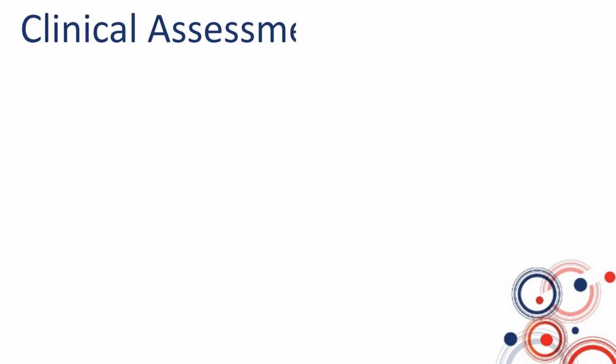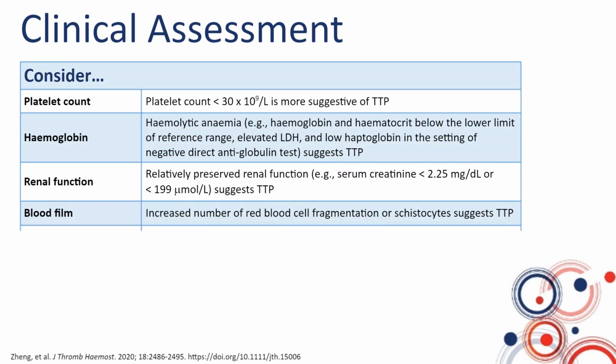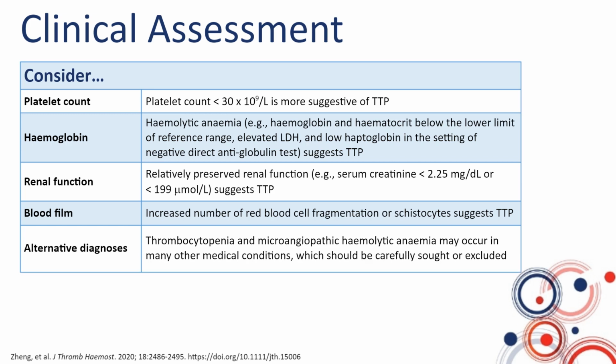So if we keep in mind the clinical assessment, we have to consider the number of platelets and the level of hemoglobin, renal function, and the blood film with an increased number of fragmentation and schistocytes, and the differential diagnosis with other microangiopathies should be done.